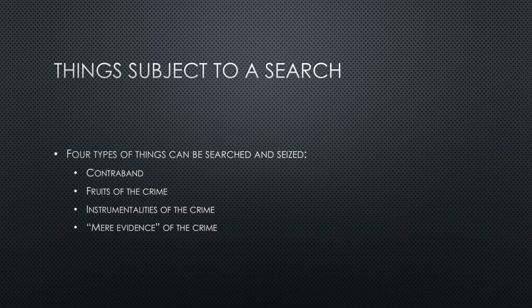And then we have mere evidence, and that could be if someone was injured or harmed or killed, there could be on the assailant's clothing could be covered in the victim's blood. And if the officers were to come across the t-shirt that was blood stained, that might actually be something called mere evidence. It's literally mere evidence of the crime. A crime was committed, and here is the evidence on this t-shirt. It's blood of the victim.